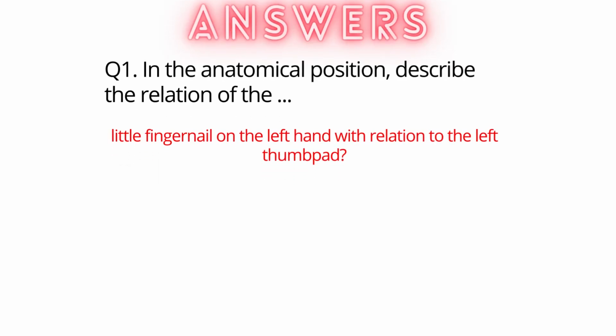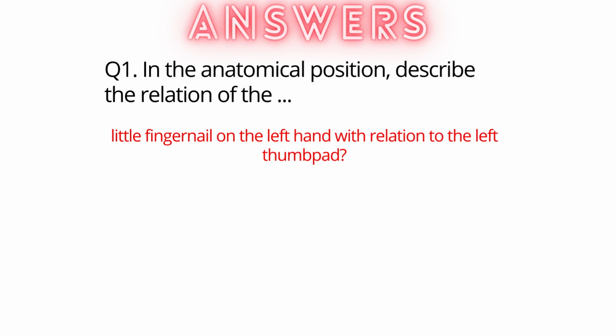Okay everyone, well done on attempting the quiz. Let's go through the answers. So, question 1. Let's first identify where the left little fingernail is and where the left thumb pad is. And then use the anatomical terms we've just learned to compare their positions.